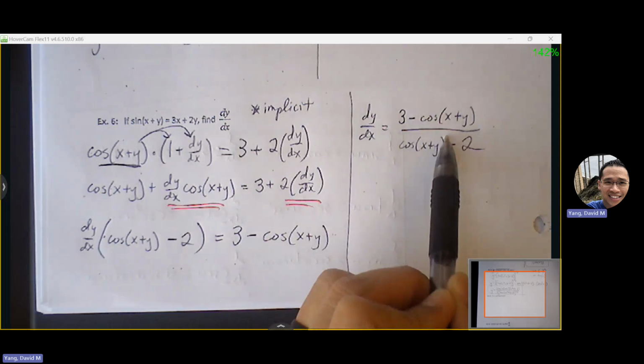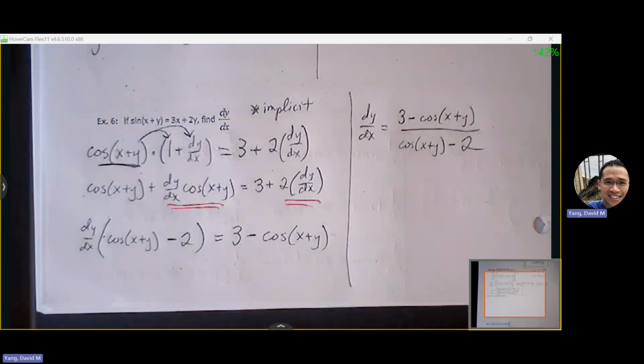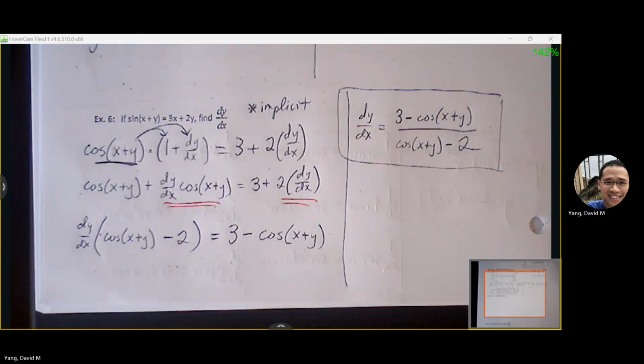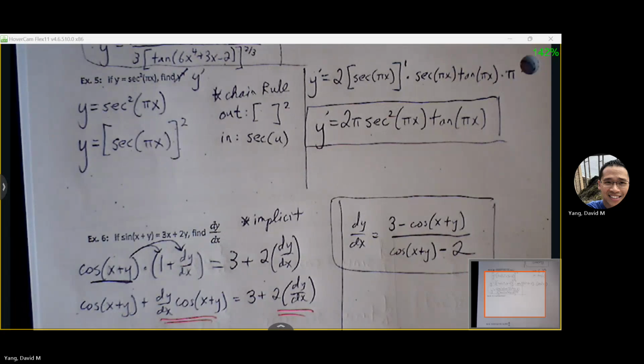But remember, we cannot cancel across addition or subtraction, so we have to leave this alone. Any questions?